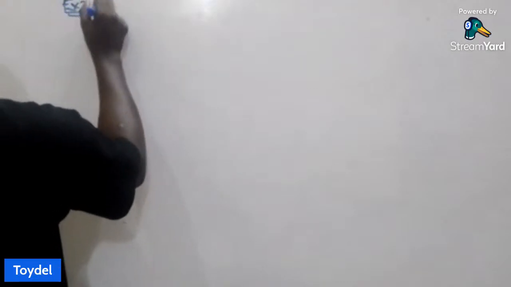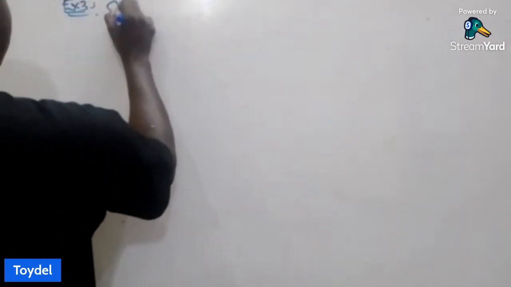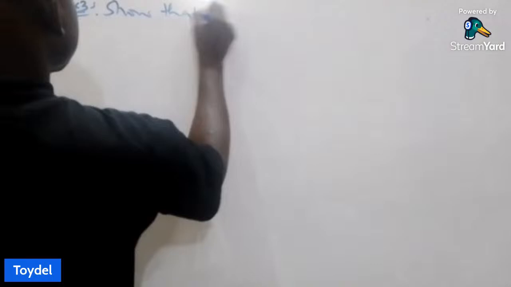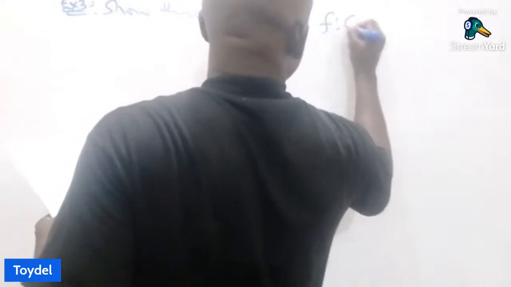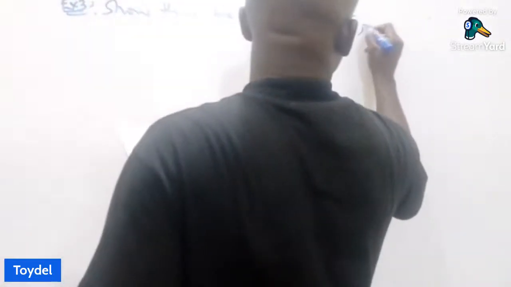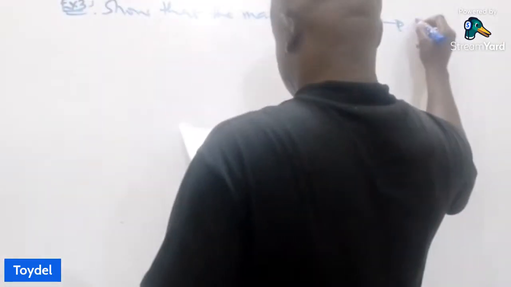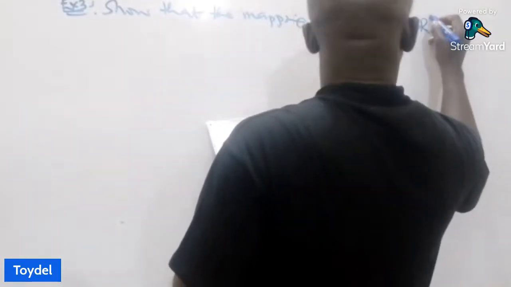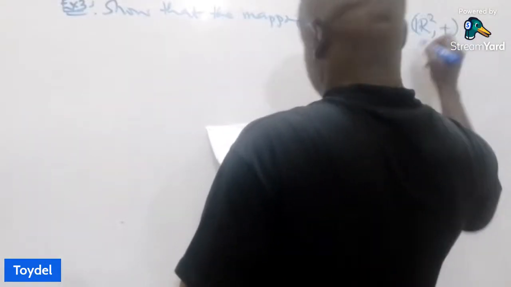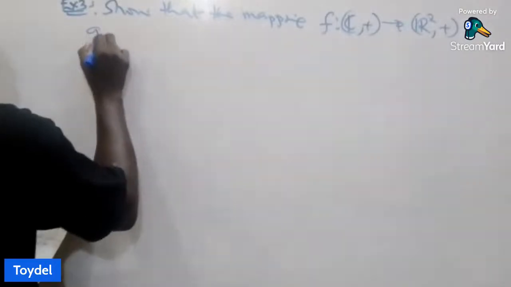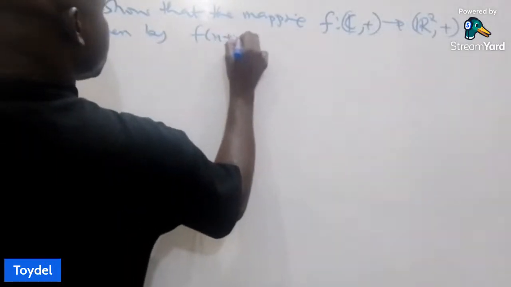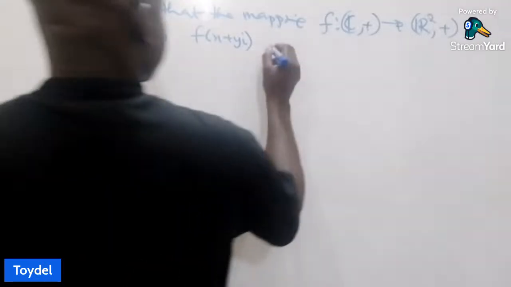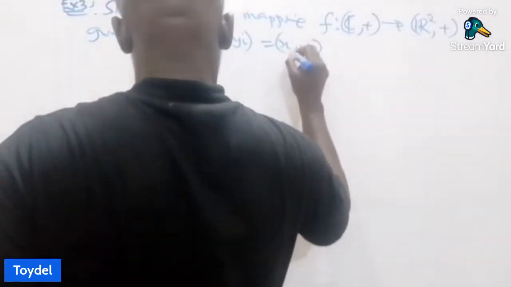Example 3. The question says that we should show that the mapping f, from the complex numbers under addition to the real numbers R2 under addition, given by f of x plus yi is equal to x comma y, is an isomorphism.